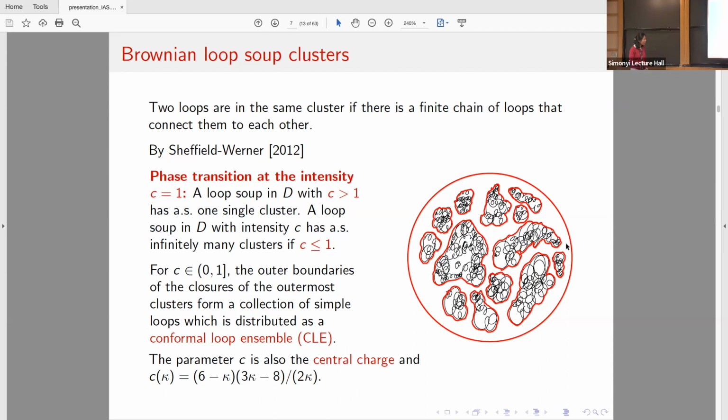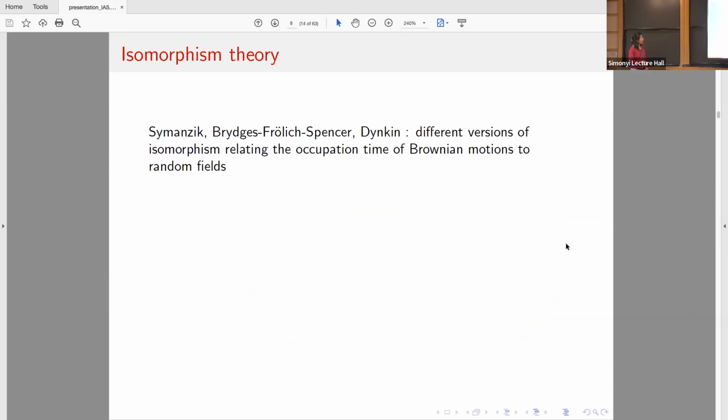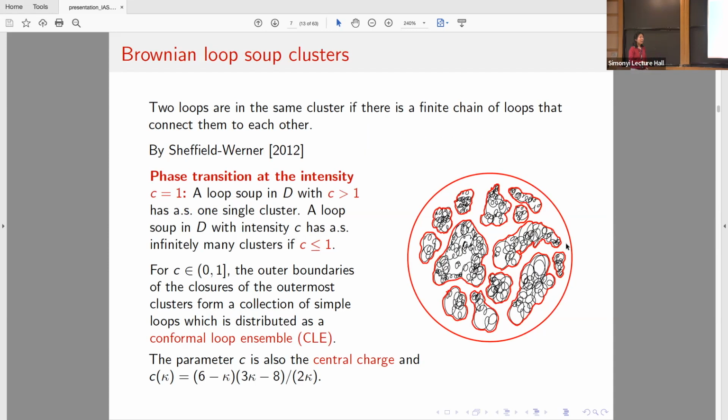In particular, just to understand the clusters, none of them goes to infinity if it's done on the full plane? In fact, if you are in the full plane, then I think there is an infinite cluster.